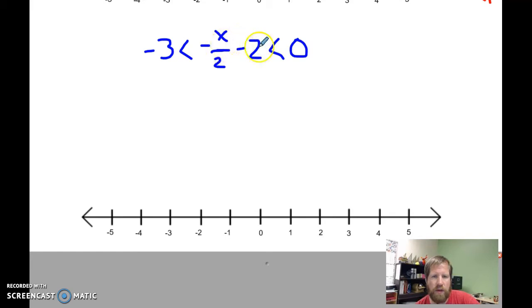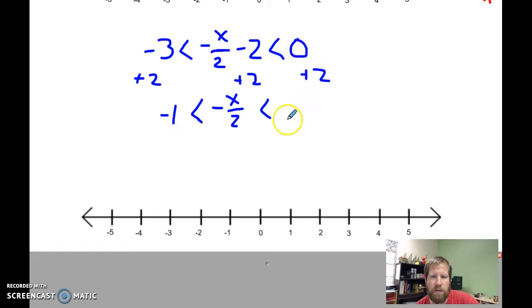These two terms are separate. So I'm going to start by adding 2 into each section. And I would be left with negative x over 2. I haven't done anything with negative numbers yet, so my numbers stay the same. Negative 3 plus 2 is negative 1. 0 plus 2 is 2.